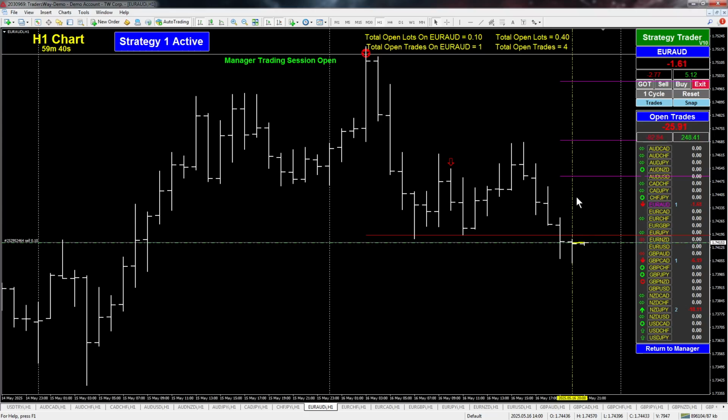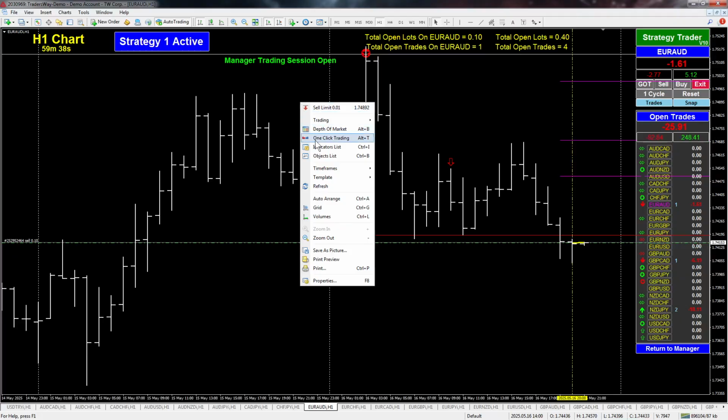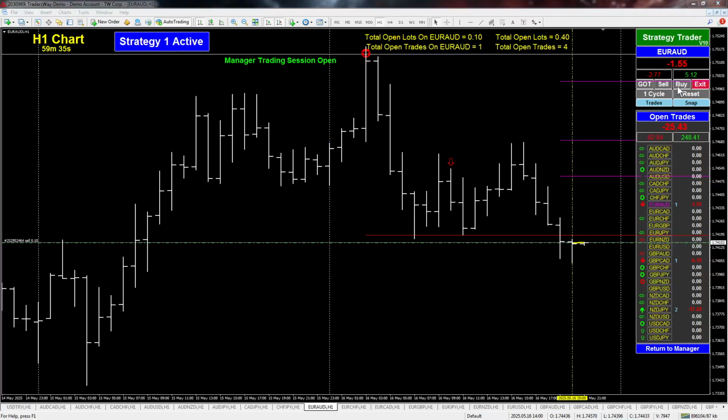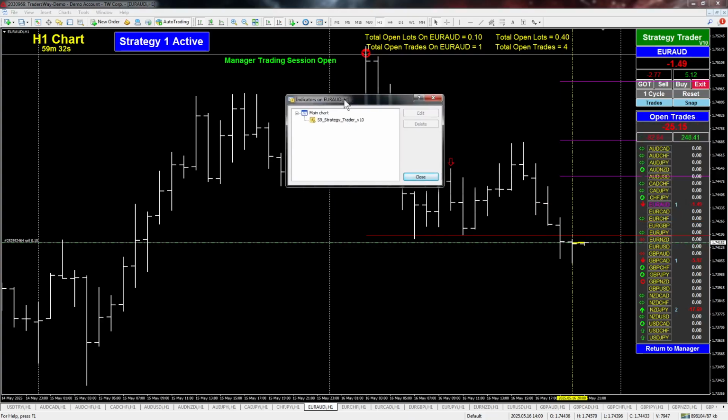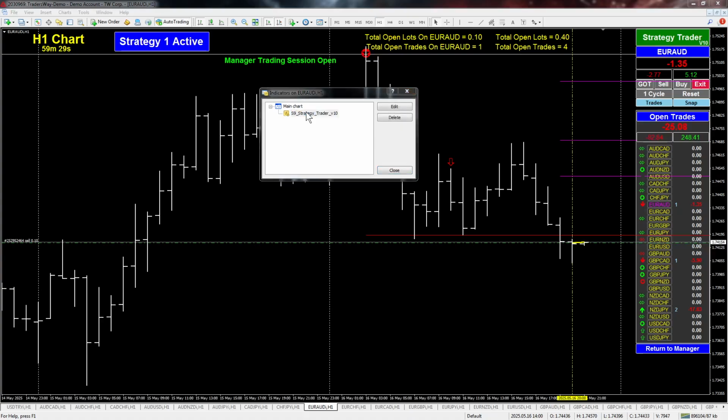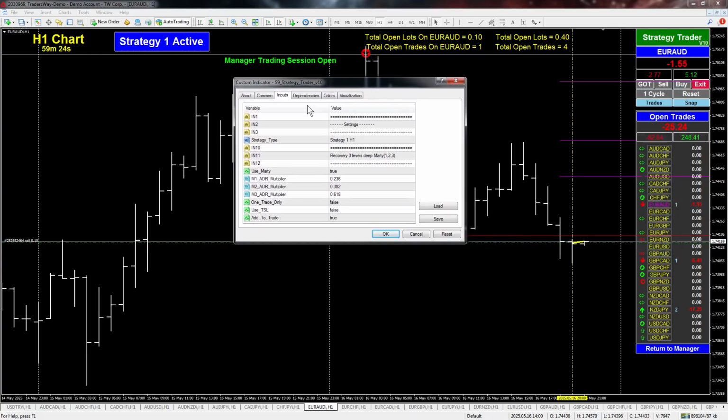Now you can see I've got Marty turned on back here on this particular chart. I'm using Marty, and I'm also using the add-on trades. And I'm just using the regular average daily range multipliers. So you can see the first one is 0.236 times the average daily range away.